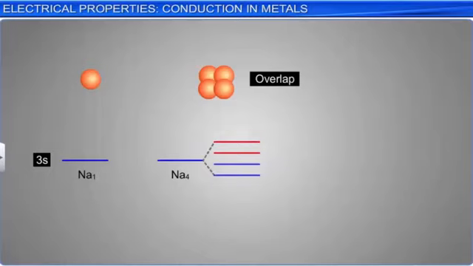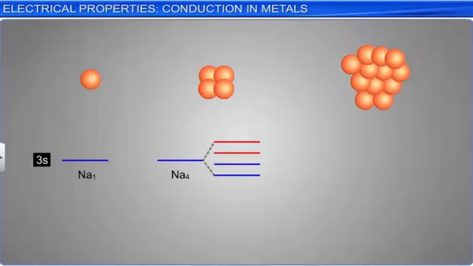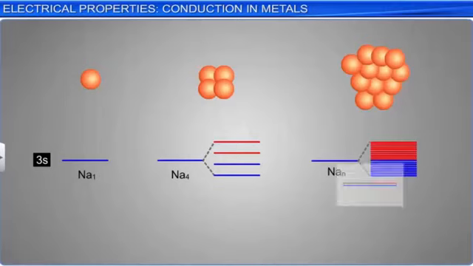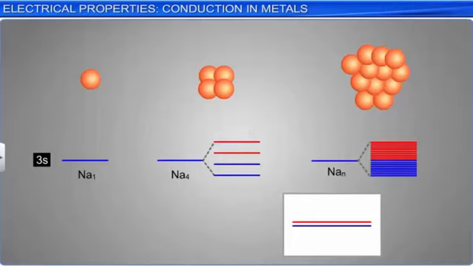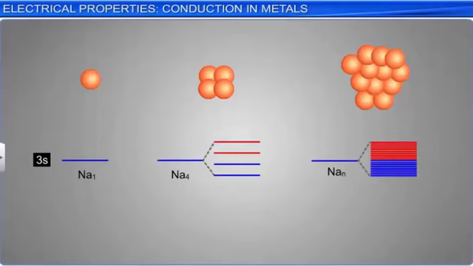When a large number of atoms come together to form a solid, the number of molecular orbitals becomes exceedingly large. Consequently, the difference in the energy between them becomes very small. Thus, in solids, the energy levels form continuous bands of energy rather than discrete levels of energy.